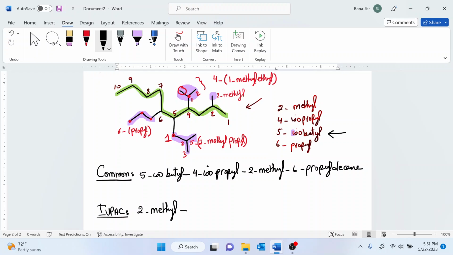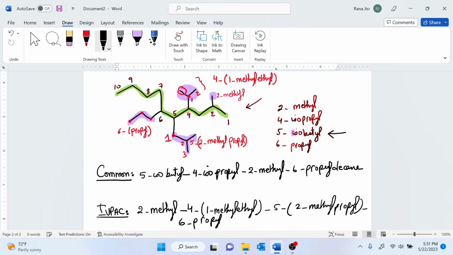And then between the 4-(1-methylethyl) and the 2-methylpropyl, the E comes before the P. So that is going to be 4, open, 1-methylethyl, and then 5, 2-methylpropyl, and then 6-propyl, and then decane.